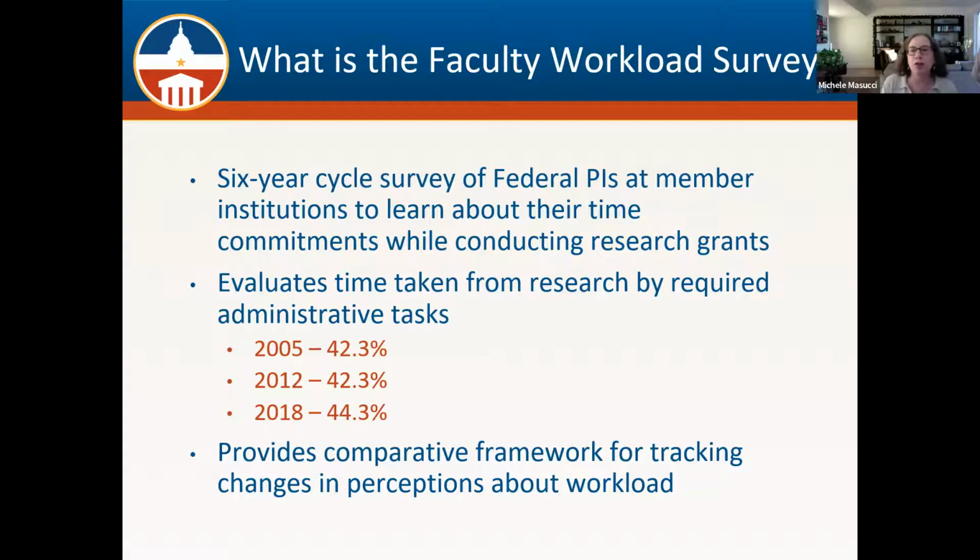So I'm sure many of you on this call have taken the survey, as I have, but for those of you who may not have taken the survey, what we do is we implement it across all of the institutions of the FDP. So all member institutions are participants in the survey. And within our member institutions, the federally funded investigators for the time period that's delegated as the survey window are the ones who answer the questions.